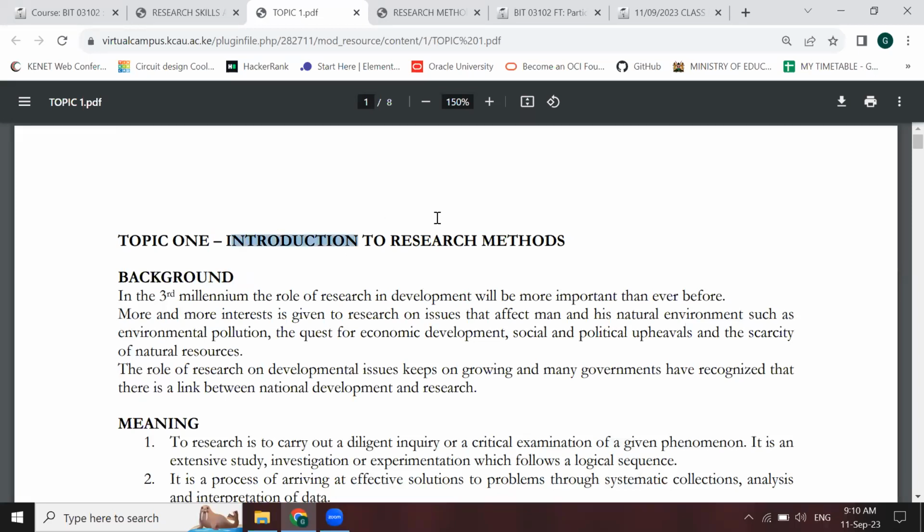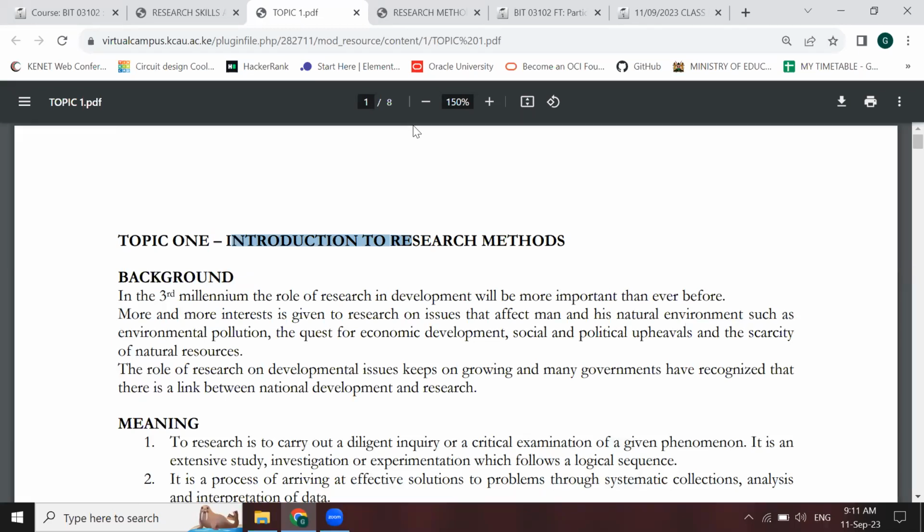As our first topic here, ensure that at the end of this lesson, you should be able to explain the concept of research. Make sure you'll be able to do that. Then you should be able to differentiate between research methods and research methodology. So make sure you're noting those objectives, because at the end, you have to evaluate yourself whether you have achieved that.